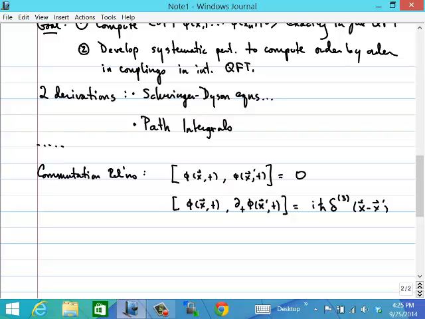The commutator between phi and phi dot is a delta function that is non-zero when the two operators are located at the same point.